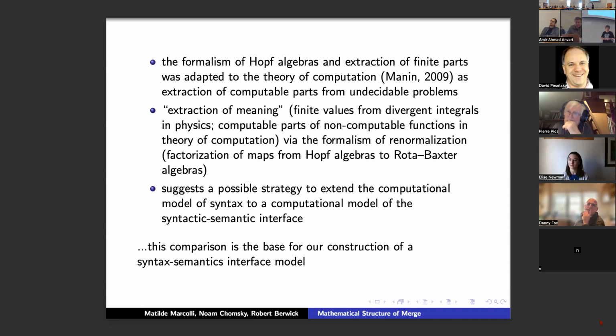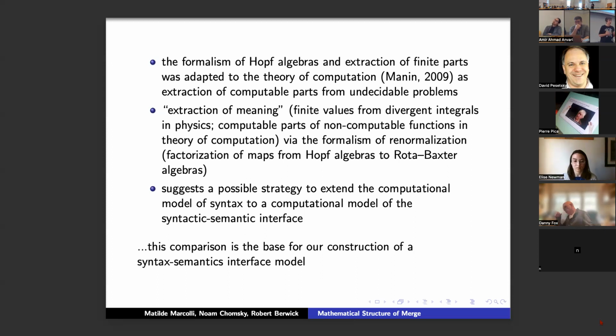I want to also say, going back to this slide, that there is an intermediate step between what the physicists have done and this proposal that we are making now about applying it to the syntax-semantics interface. Some time ago, a mathematician, Manin, had adapted this renormalization story of physics to the theory of computation, to analyze undecidable problems and see if one can extract computable parts from non-computable functions.